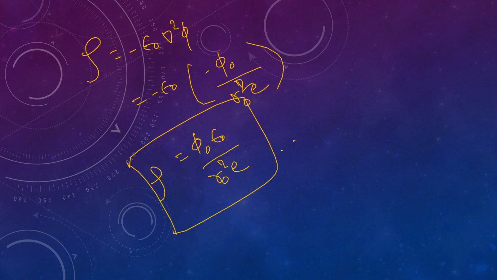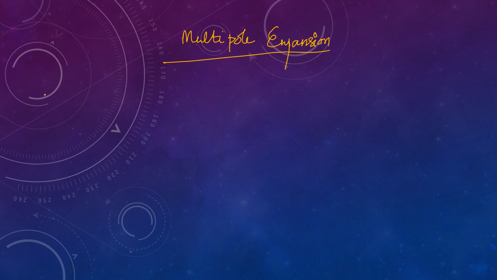Next is the heading multipole expansion. So we know the potential of a dipole is 1 by 4 pi epsilon naught p cos theta by r square.